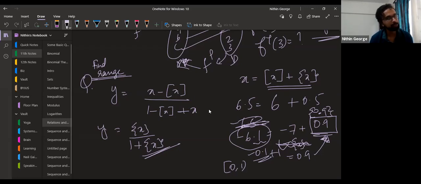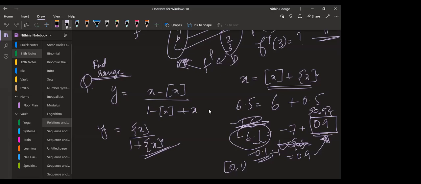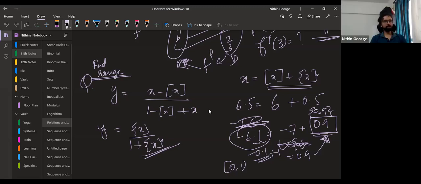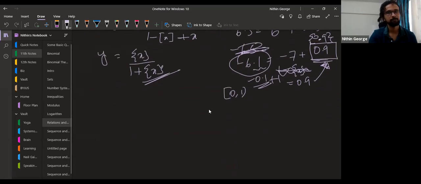Are you talking about x? Did you find the domain here? No, sir. No, domain will be R. Okay, that's it. Can you please tell me what steps you used here to get 0 to 1? I'll find the mistake and then try to correct. That's it.